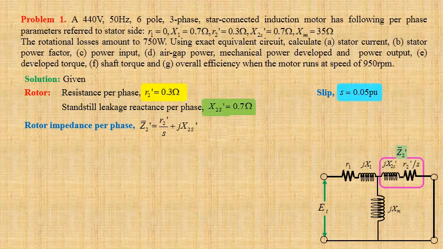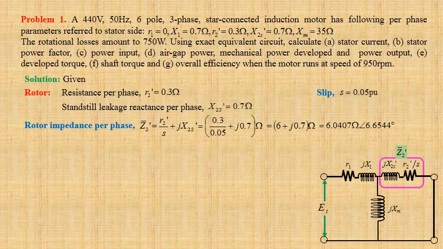Therefore, Z2 dash equals 0.3 by 0.05 plus j times 0.7 ohm, that is equal to 6 plus j times 0.7 ohm. This may be written in polar form as 6.0407 ohm at an angle 6.6544 degree. For shunt branch, given magnetizing reactance per phase Xm equals 35 ohm.